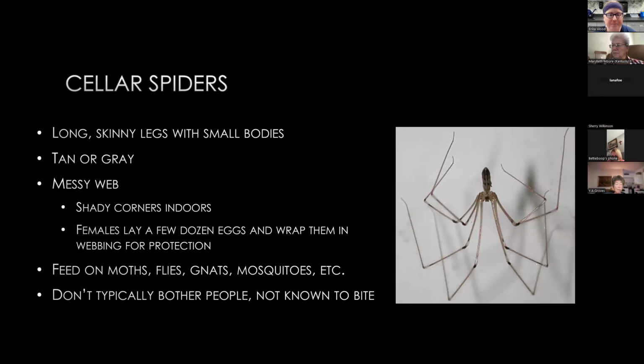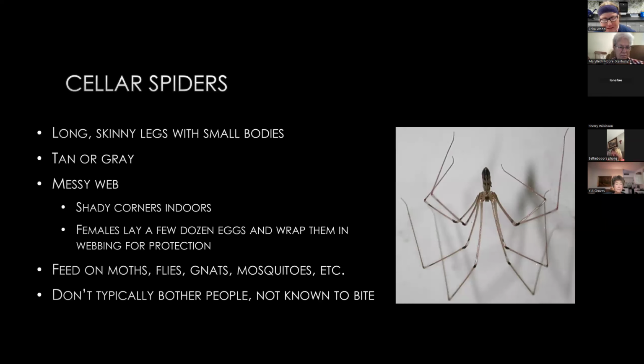In the case of cellar spiders, the females are only going to lay a few dozen eggs and they're going to wrap them up in webbing for protection. So you'll see that this changes depending on the type of spider. Now, what are some of the things that you're going to see cellar spiders eat?